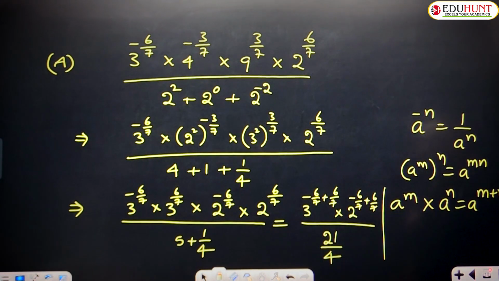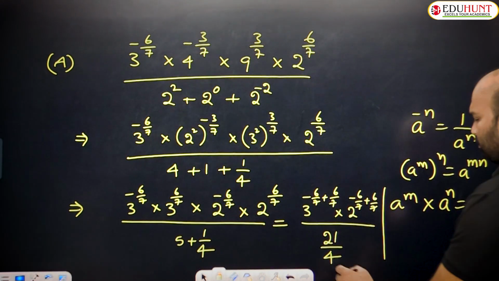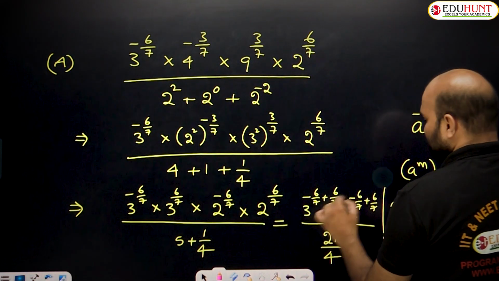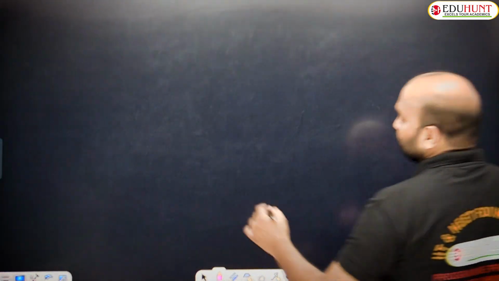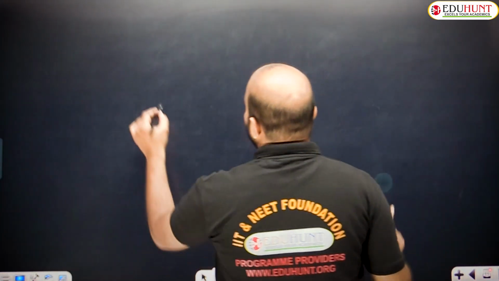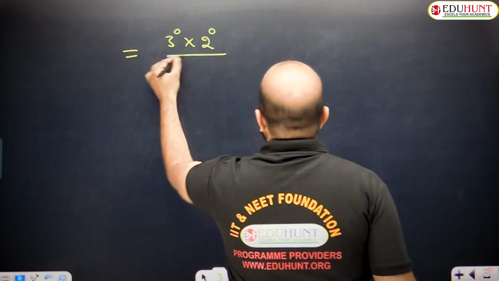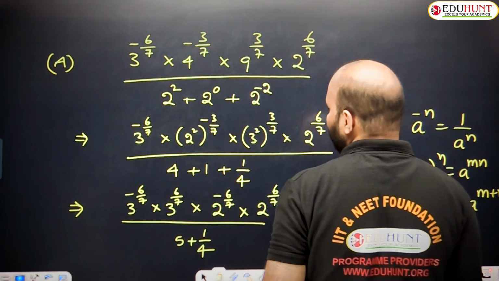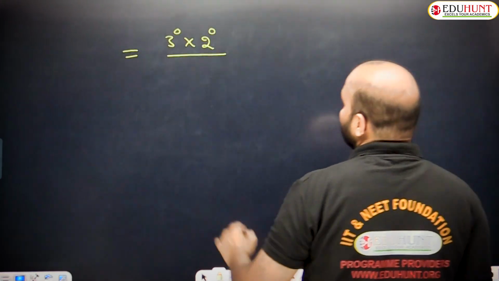So it can be written as 3 power 0. The minus 6 by 7 and plus 6 by 7 cancel, and here also they cancel. What am I getting? 3 power 0 into 2 power 0, divided by 5 plus 1 by 4, nothing but 21 by 4.